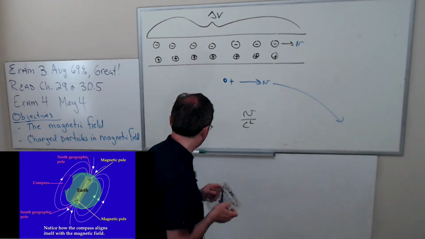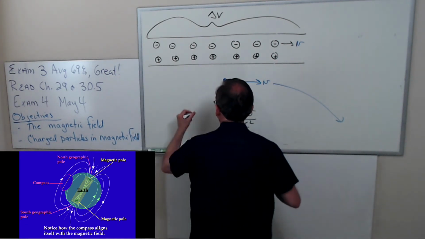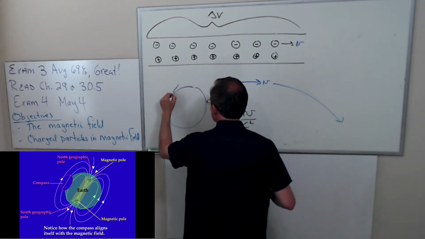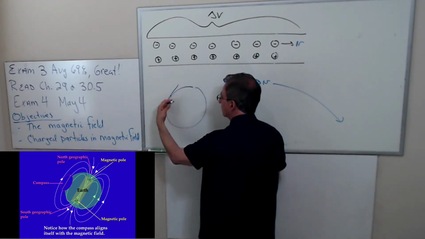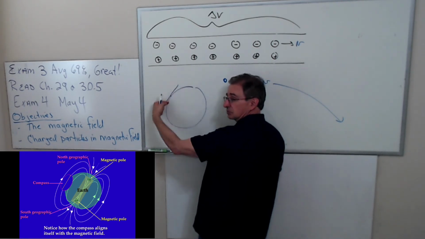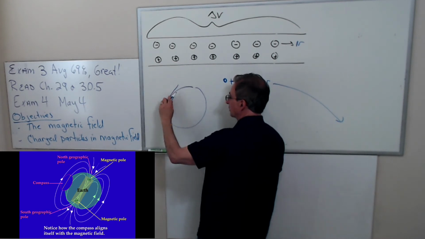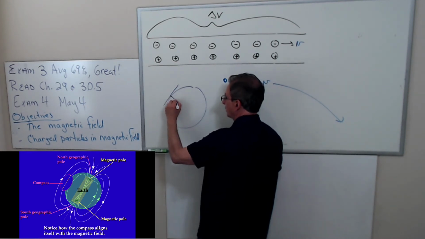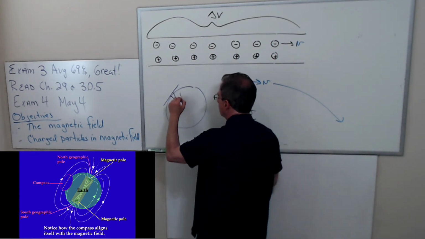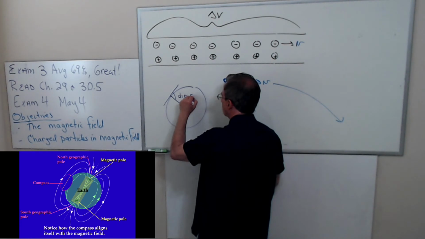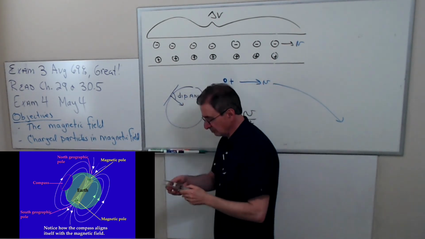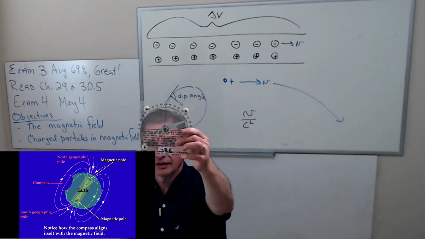So if I drew the Earth and you're standing here, your compass measures the direction in this particular plane. But the Earth's magnetic field also has a component this way, and this angle is called the dip angle. You can easily measure it with one of these.